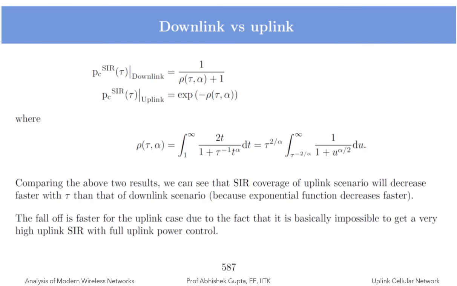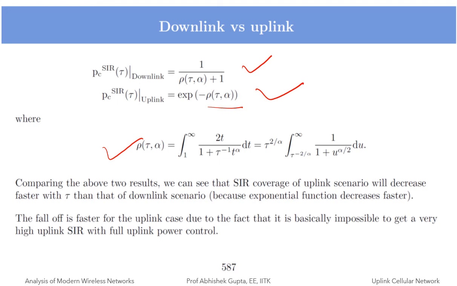Just to recall, in the downlink case, for the no noise case, the SIR coverage probability in the downlink was given by this. Similarly, in the uplink, we found for full power control, the coverage probability is given by this. Both have this rho function which is given this way. But downlink is going as 1 upon 1 plus rho(tau, alpha), and this uplink is going as exponential to the power minus rho(tau, alpha).